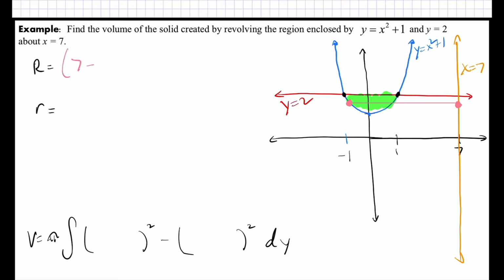All right, so 7 minus... We couldn't put x squared minus 1 here, right? So solve for x. What do you get? Pencil, paper. Solve for x. Say it again, say it loud. Square root of y minus 1. Okay, squared.